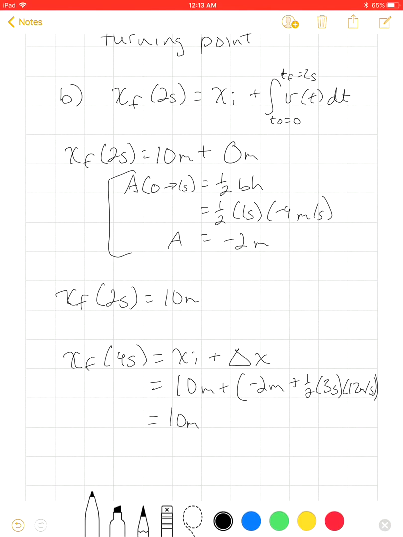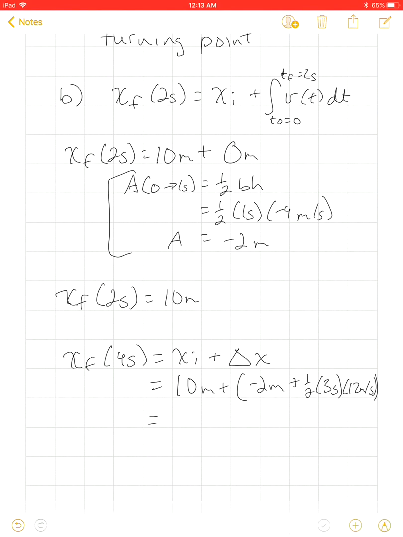Actually, we'll simplify this in a couple steps. The 10 meters minus 2 meters is 8 meters. So that takes into account these two. Plus, well, 1/2 times 3 times 12. In my head, I'm going 1/2 of 12 is 6. Times 3 is 18. So we'll have 18 meters. So the final position at 4 seconds is going to be 26 meters.